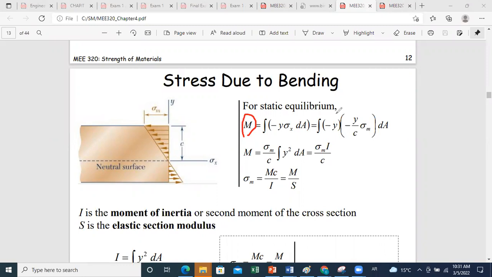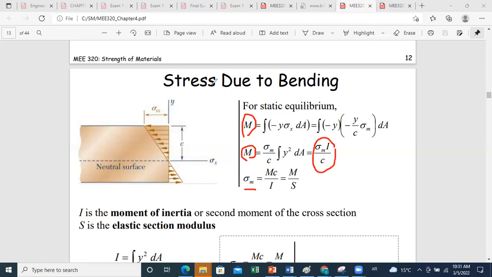And by replacing sigma x by its function, we have seen that we can write the bending moment as a function of the maximum stress as sigma m times I over c. From here also we define the elastic section modulus, which is S. So we can write sigma m then as Mc over I, which is M over S.